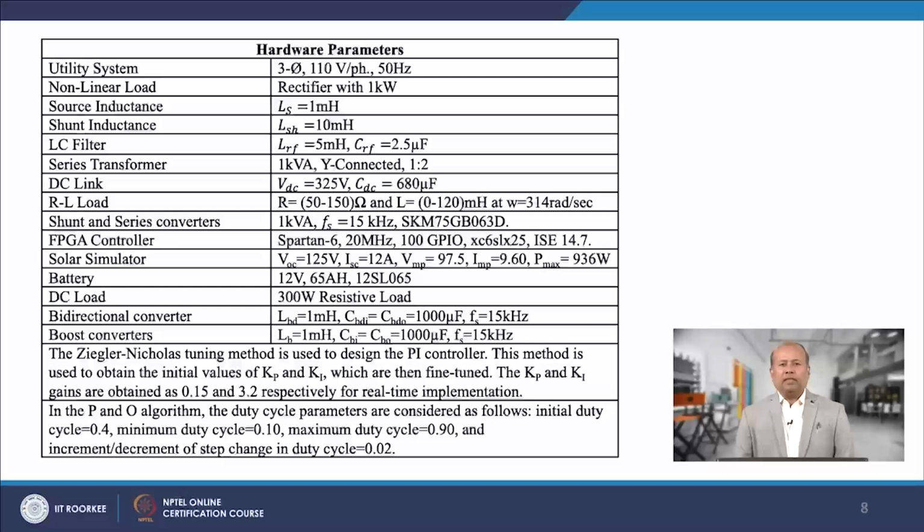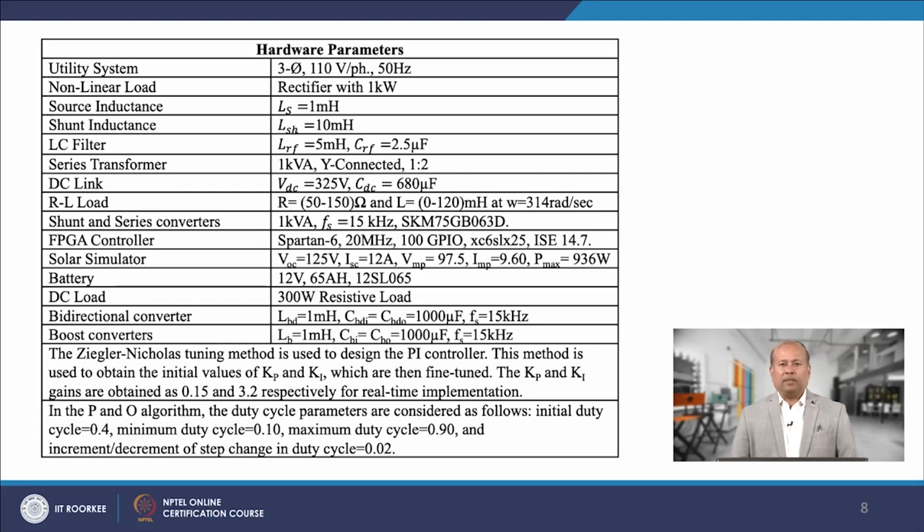The utility system is 3-phase, 50 Hz and 110 volt per phase. The non-linear load is realized with an uncontrolled diode bridge rectifier connected to an RL load.